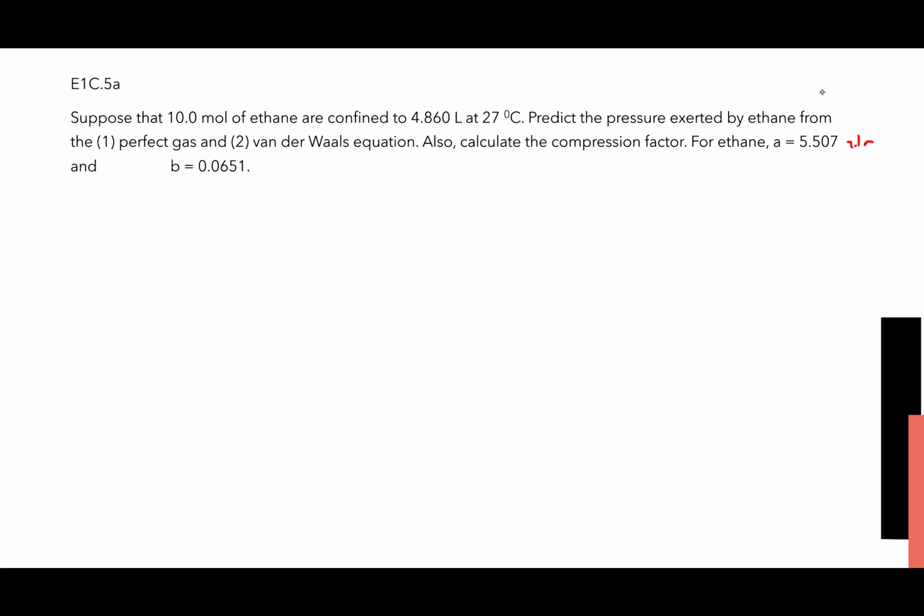All right, so let's just do the first case, perfect gas law. We're looking for pressure. The volume we know is 4.860. N is 10 moles. R is 8.314. And T, not 27 degrees Celsius, but 300.15 Kelvin.